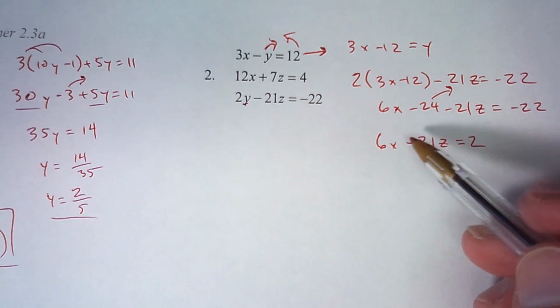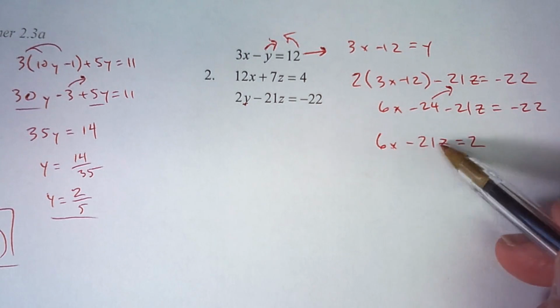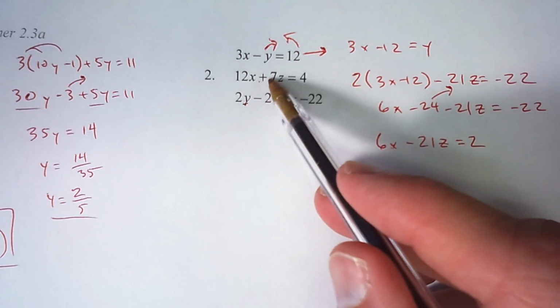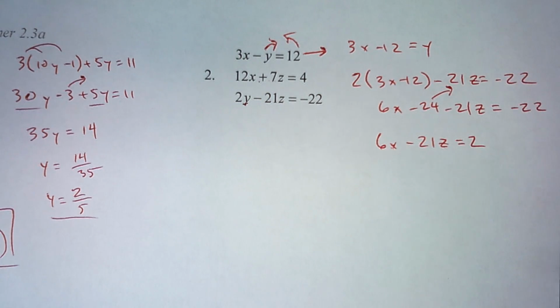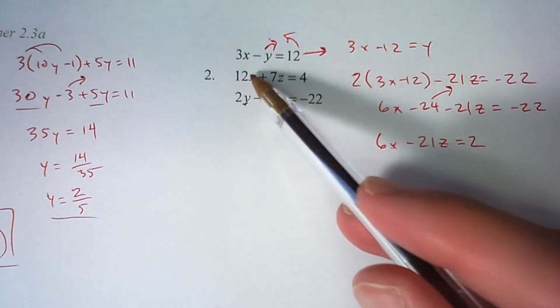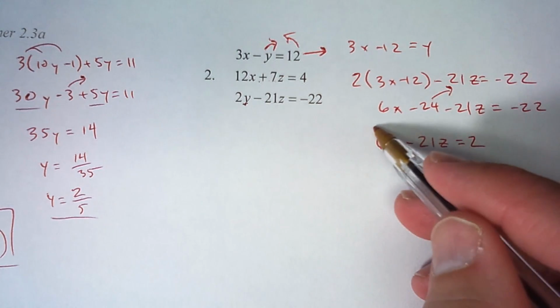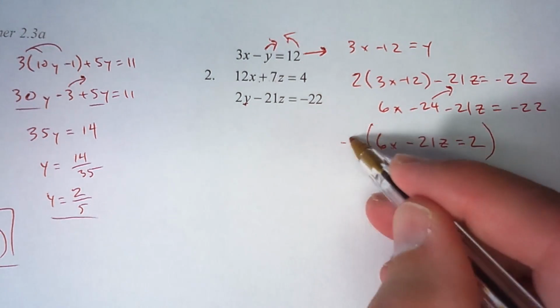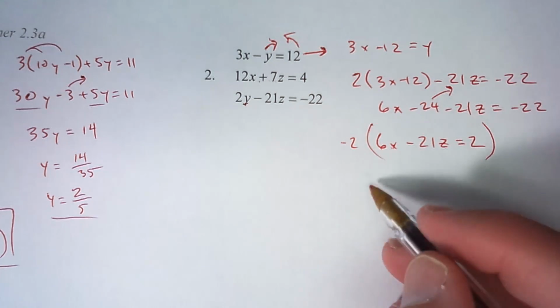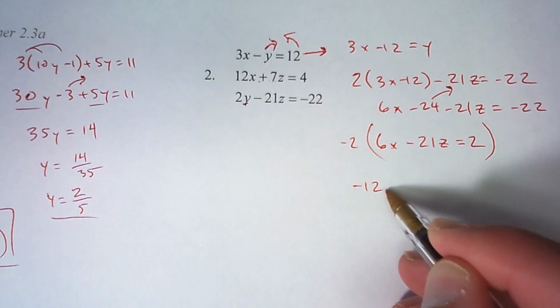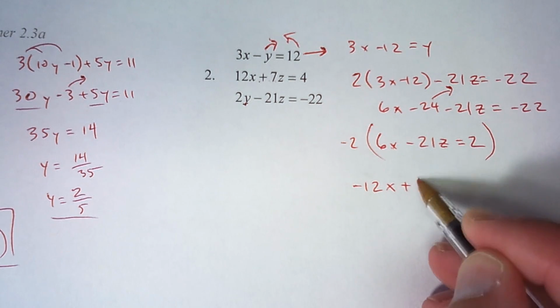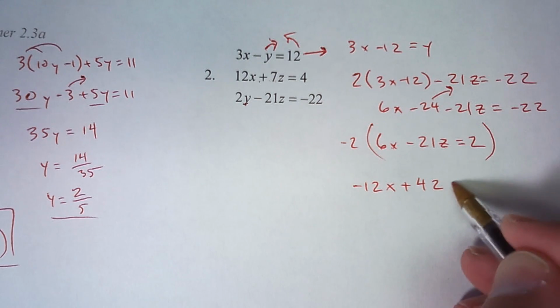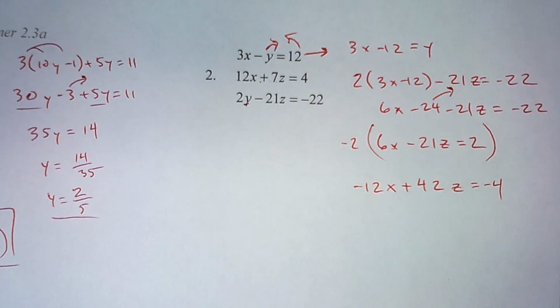Okay, now I have an xz equation here. I have an xz equation here. I can eliminate the x's if I take this equation right here and multiply by negative 2. So I've got negative 12x plus 42z equals negative 4.